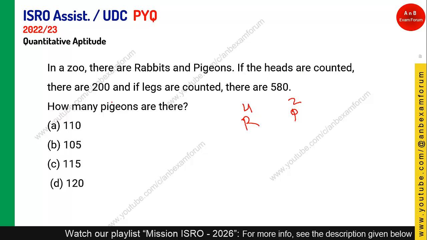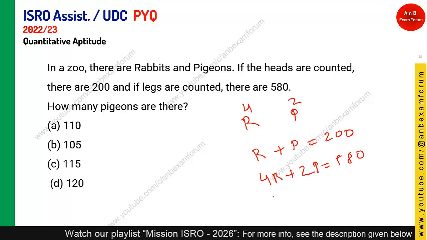So if heads are counted, there are 200, so R plus P will be 200. And if legs are counted, these are 580, so 4R plus 2P equals 580.